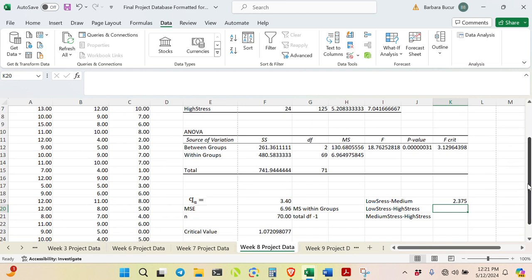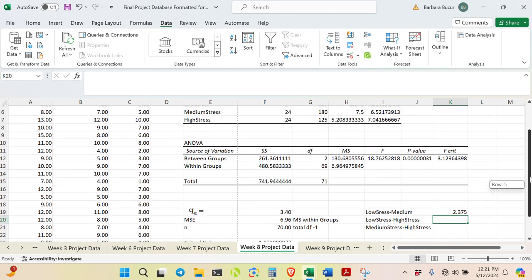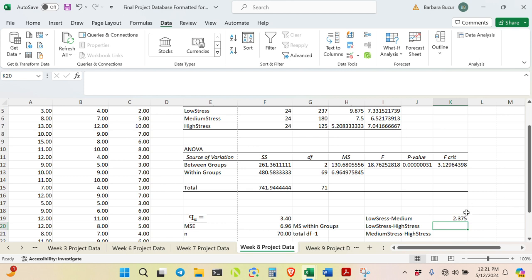And then we do the same thing for low stress versus high stress. So we start out with equal if you want to use the formula. If you just have a calculator, you can do that as well. And then in the high stress, it's 5.2.